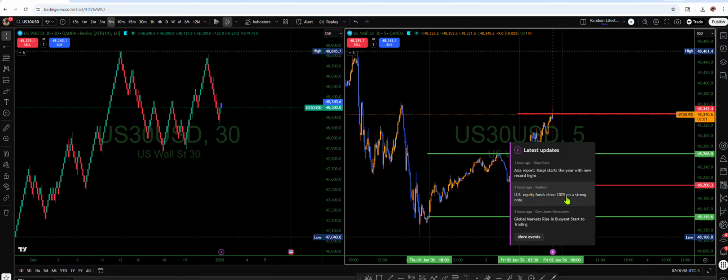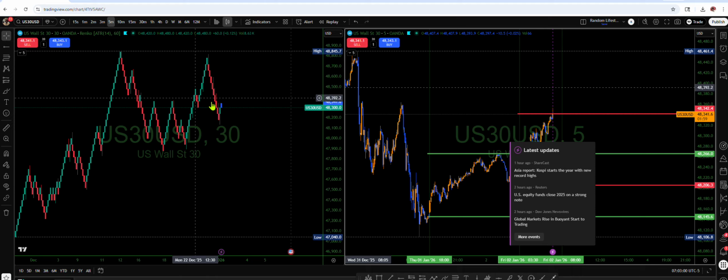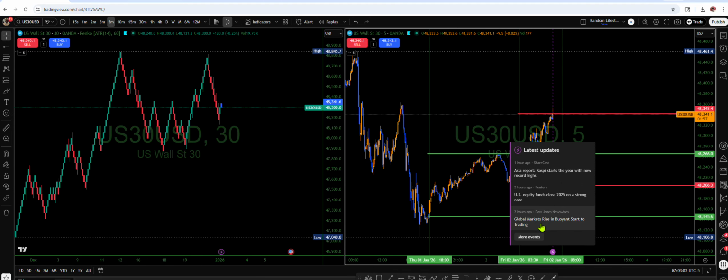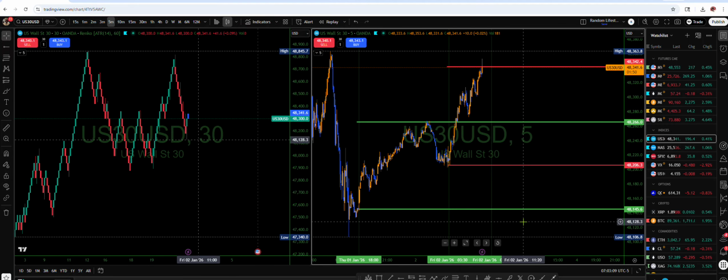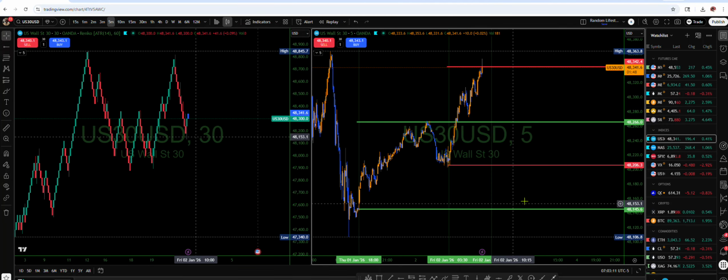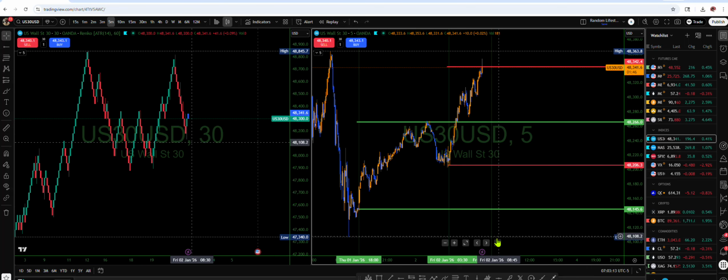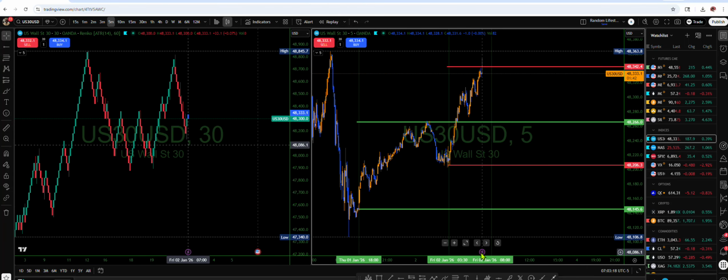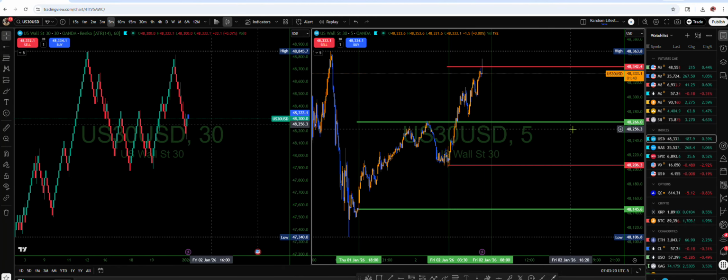That means the market made a wave down to the downside, and now it's trying to make a wave back up to the upside, and global markets are raising the bar and starting to trade. These are all the little news items that you will see on your TradingView, so you don't necessarily have to go out and look for stuff. Everything is literally right there.